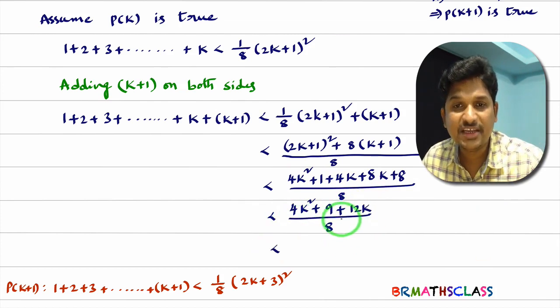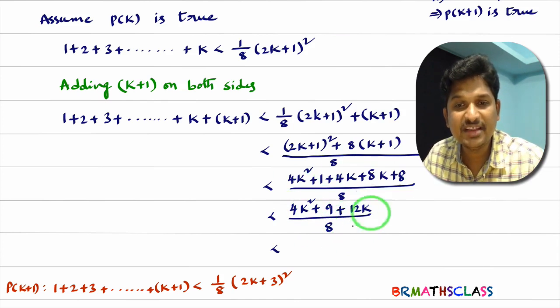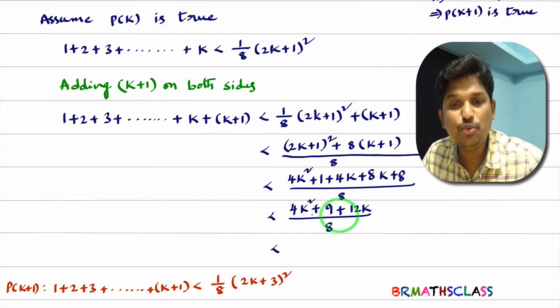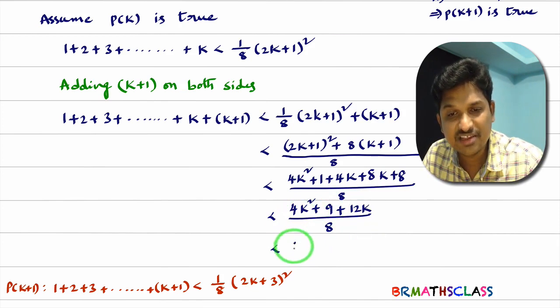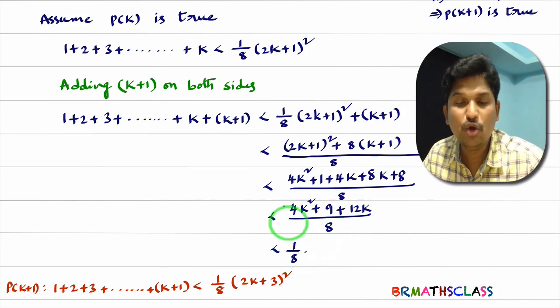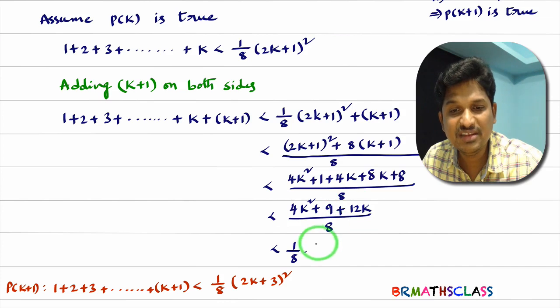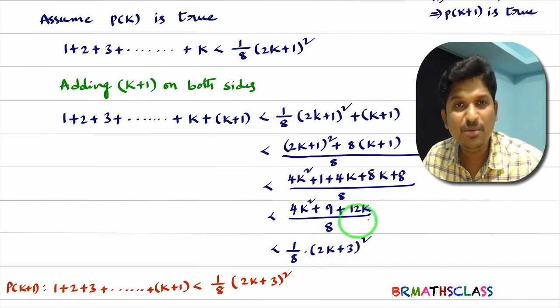What I am trying to do is get this statement in a particular form. Observe the numerator part. I can write this as 1 by 8 first. What is remaining? 4k square plus 9 plus 12k. You can observe this is nothing but (2k plus 3) whole square. It can be understood easily.